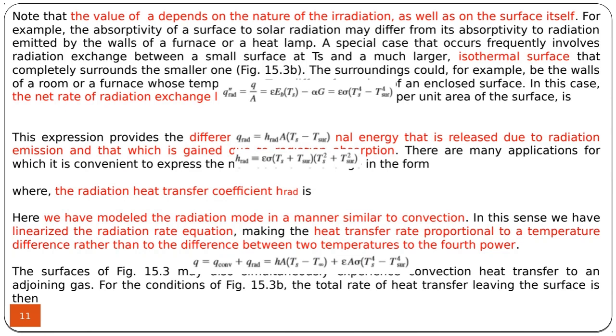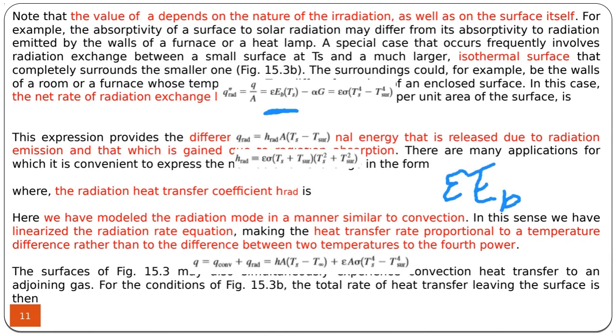So the net energy for this surface will be the emitted radiation. Here in the emitted radiation, you use epsilon times EB. Epsilon is the emissivity of the surface.